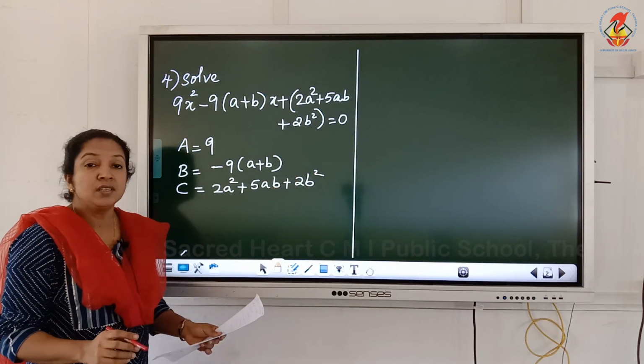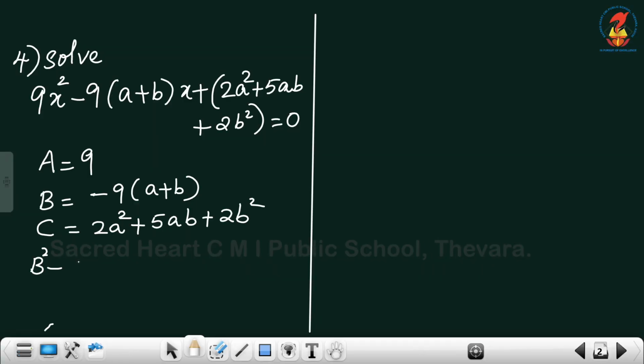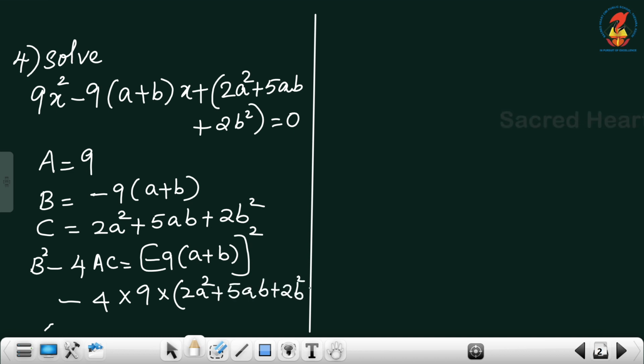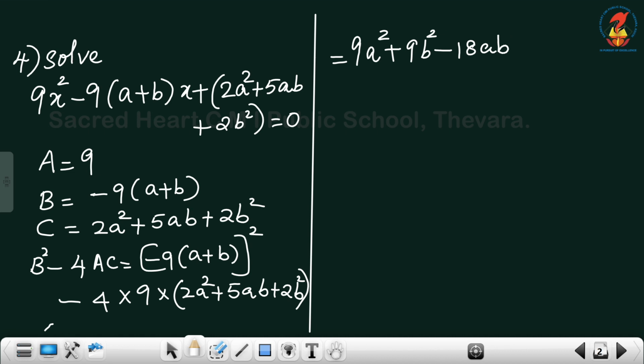What we have to get first is b² − 4ac, which is equal to (−9(a + b))² − 4 into 9 into (2a² + 5ab + 2b²). When you simplify this, you will get 9a² + 9b² − 18ab.